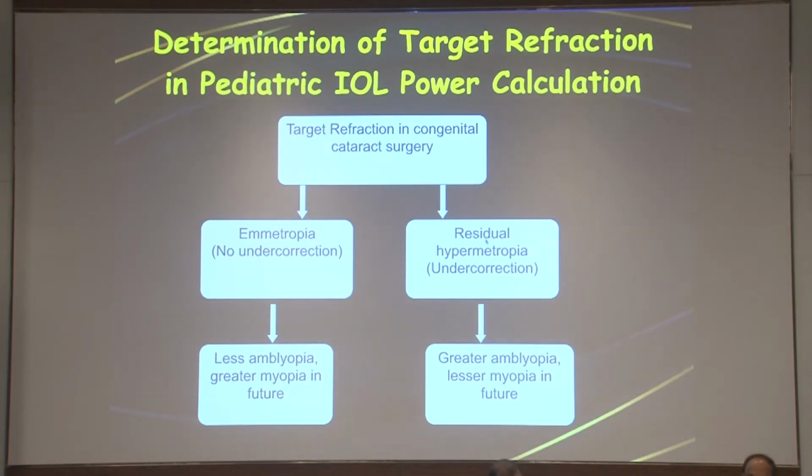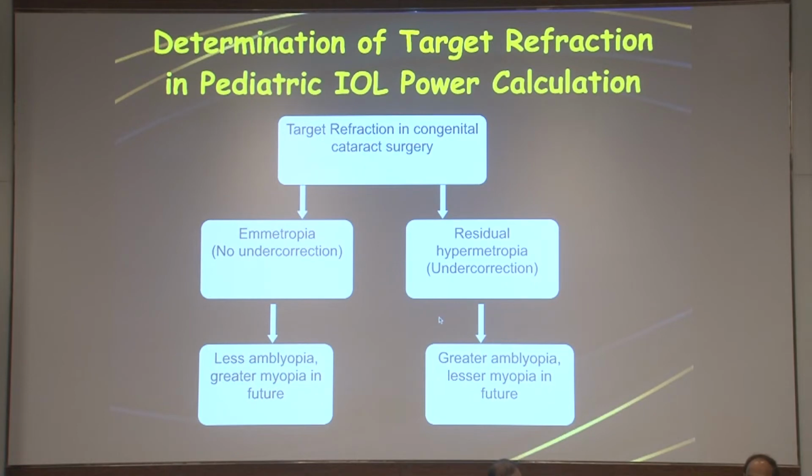The other option is to leave behind some hypermetropia, what is called undercorrection, which has an initial challenge because the child will have to wear relatively higher hypermetropic glasses immediately, but the chances of developing extremes of high myopia are less in the future.